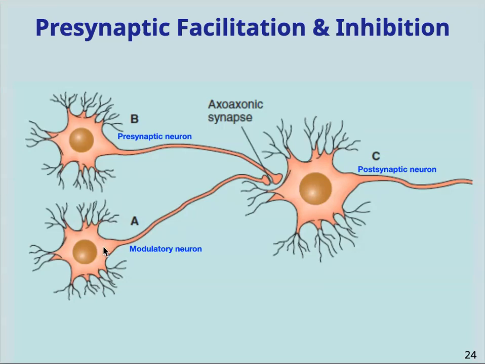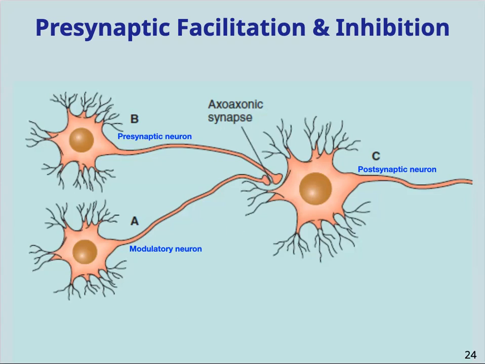When a modulatory neuron terminates on a presynaptic cell, the EPSP or IPSP created by the modulatory neuron can alter the action potential reaching the axon terminals of the presynaptic cell. Okay. And it can then modulate its neurotransmitter release.